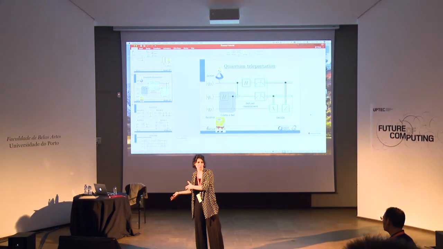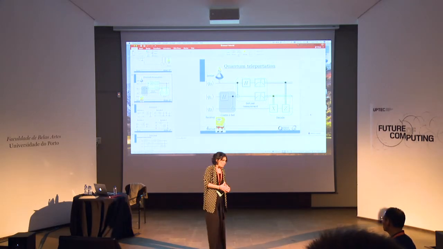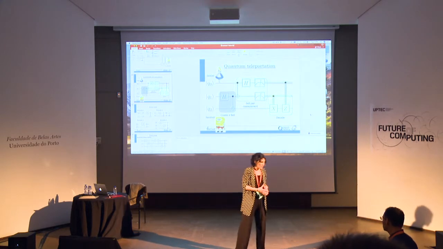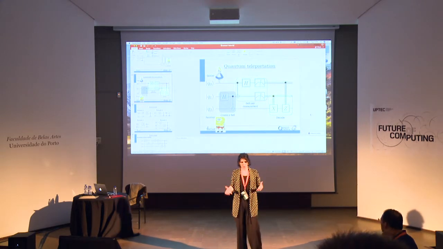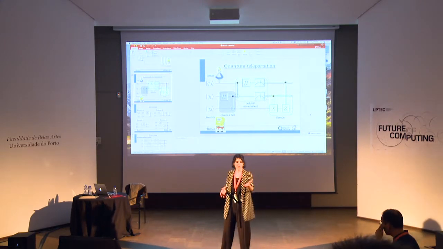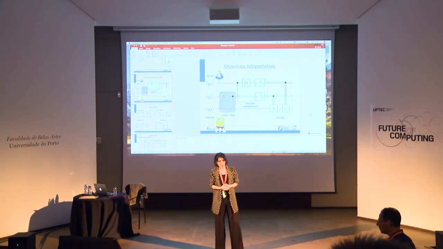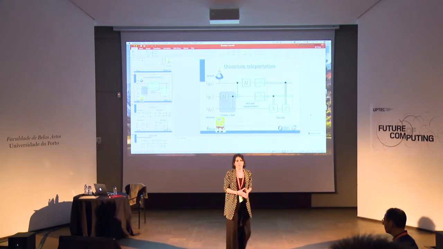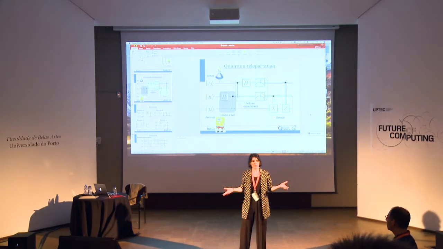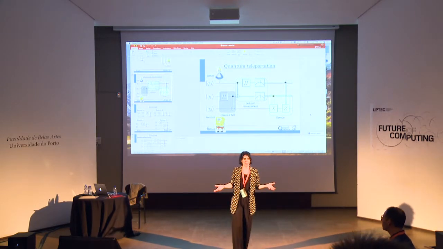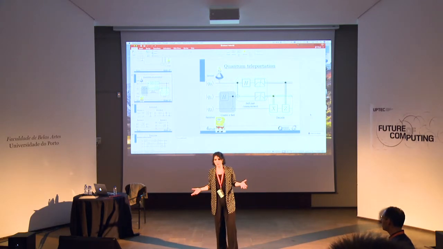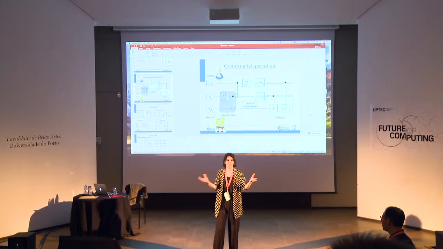operate on the qubits. So as I mentioned, we are working on compilers, on programming languages, on microarchitecture for the real experiments, and we are also working on quantum error correction. As I said, qubits are very fragile units and they need to be protected against errors. The basic idea of quantum error correction is you work with logical qubits.